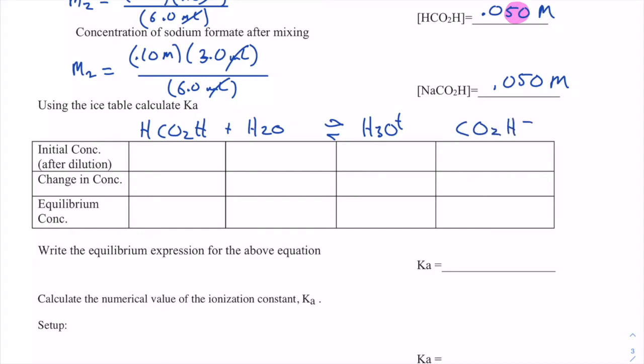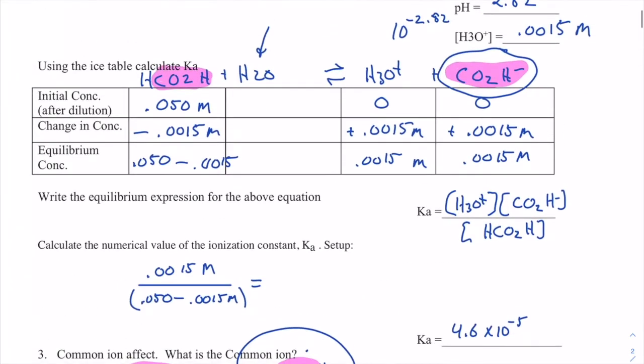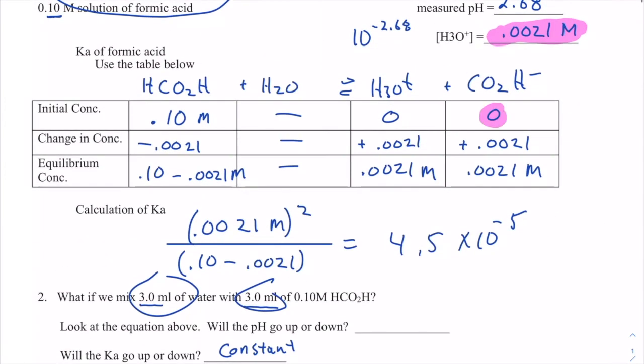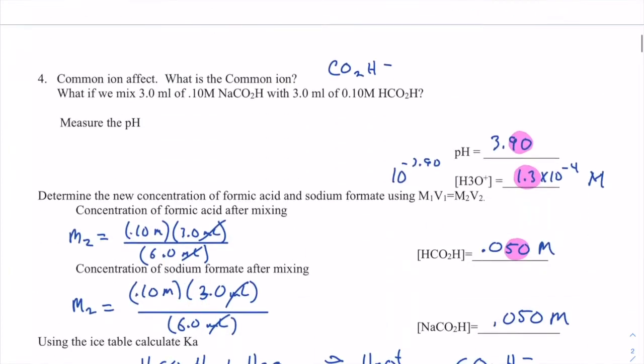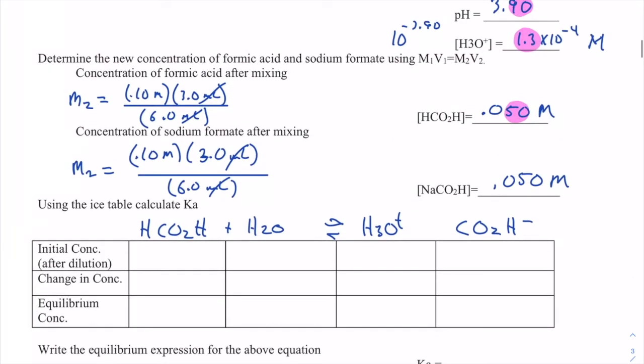In the case of the common ion, previously you'll notice that the common ion was 0 in both cases. This time it's not 0. So what we have now calculated for the acid and the salt, those are our initial concentrations.